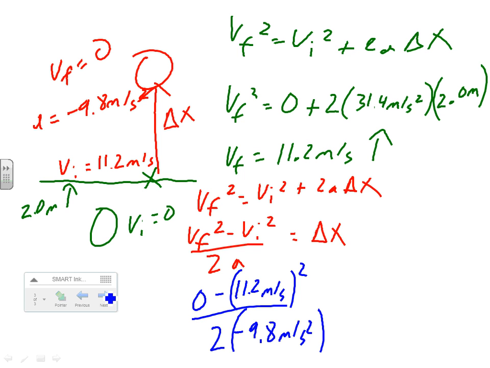If we do the math on that, and we do it correctly, let's square 11.2, and then divide that by 19.6. Notice our negative signs are going to cancel. So we're going to be left with positive 6.40 meters above the water. That's our displacement. Hope that helps.